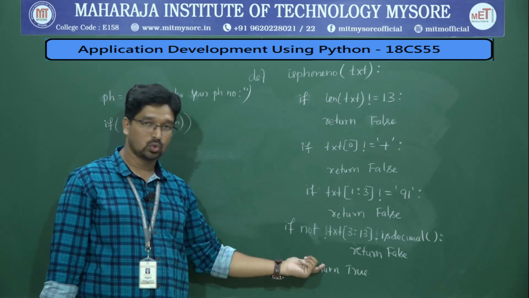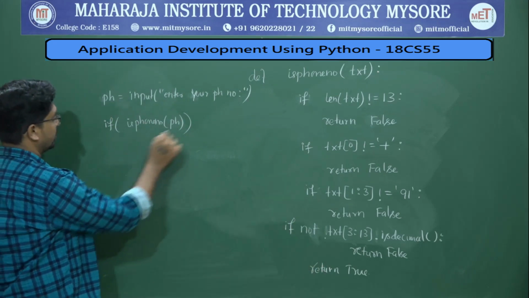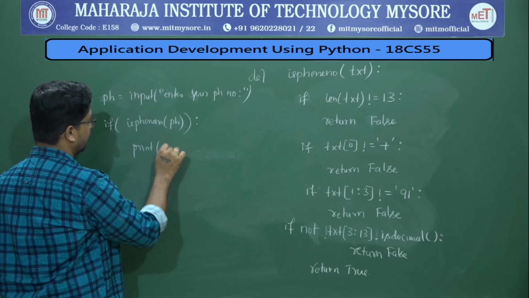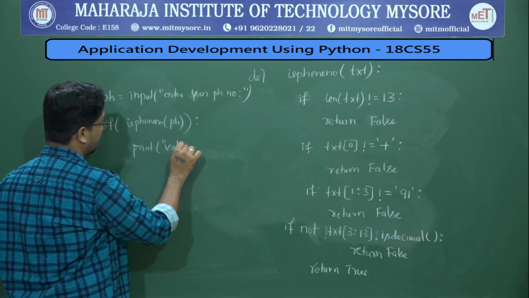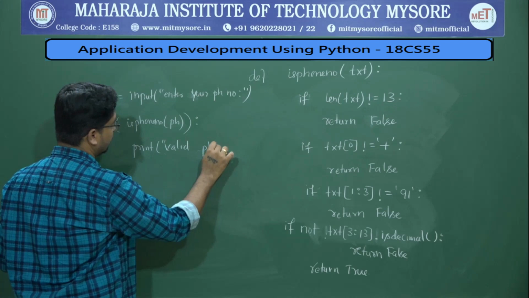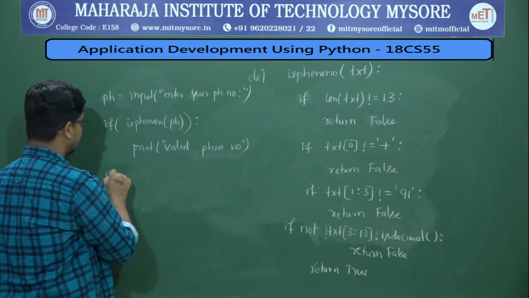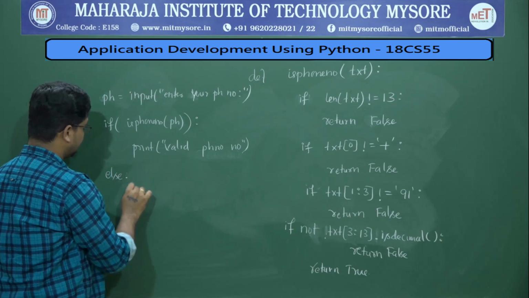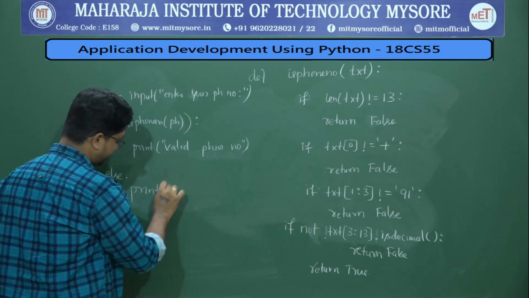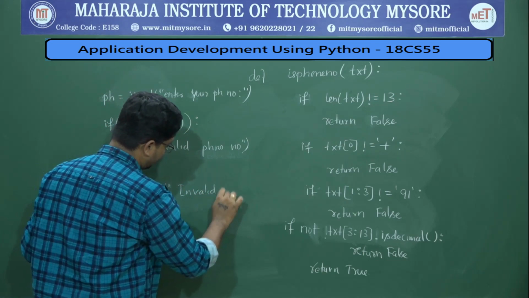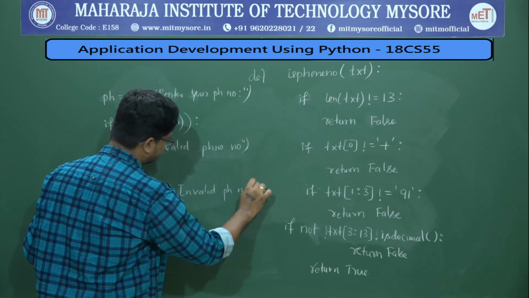So if it returns true value, then I should display what? Print valid phone number, else print invalid phone number.